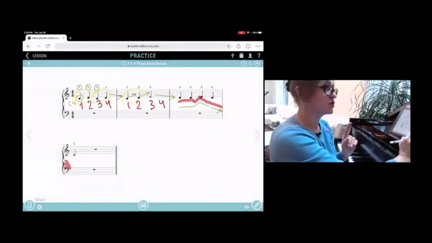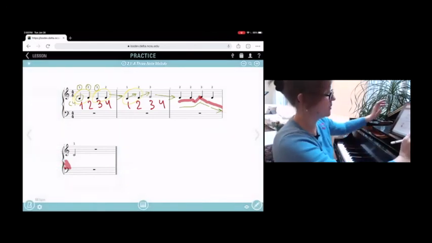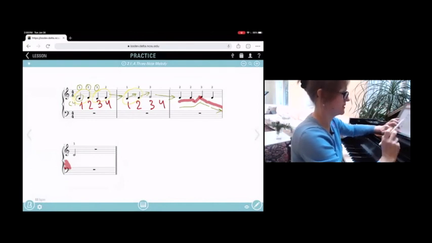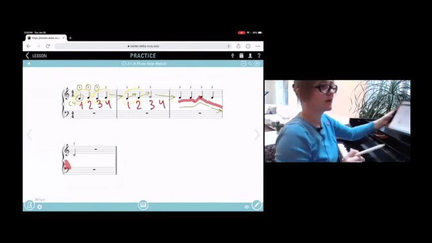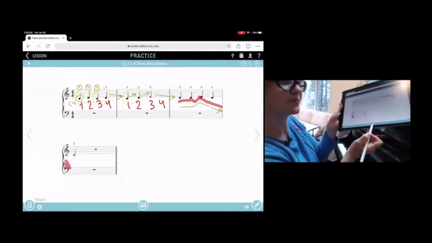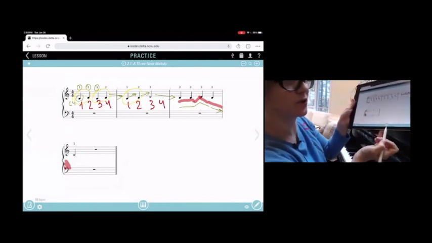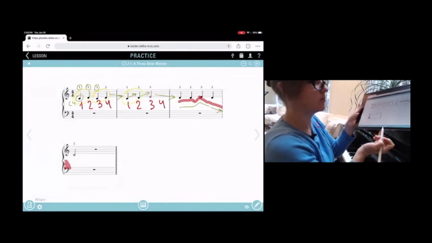Okay, one more feature that you can explore with this app is this button here, that button in the center that indicates the piano. It will only highlight for you if you connect with a MIDI cable.